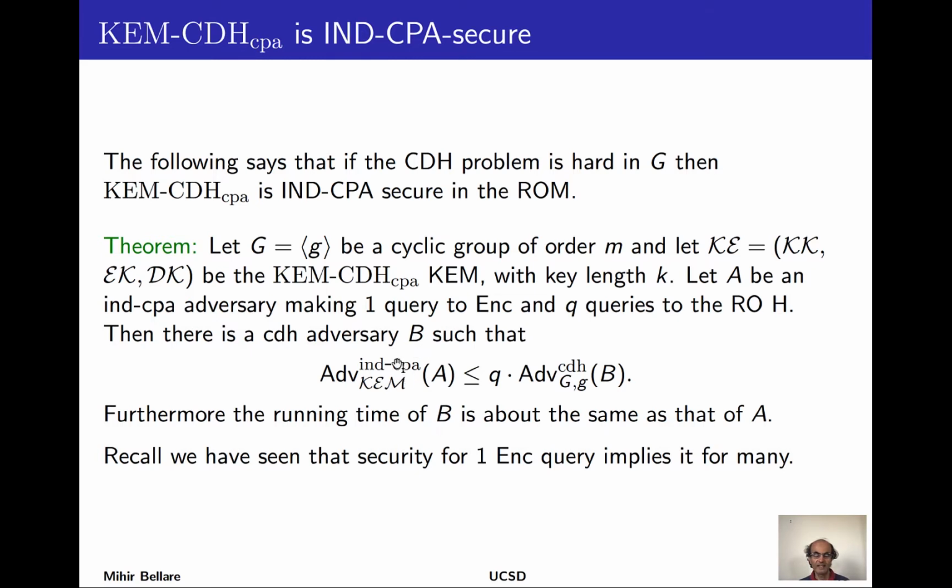If you consider the advantage of our given adversary A in violating IND-CPA security of the KEM, it's at most q times the advantage of B in violating the hardness of the computational Diffie-Hellman problem over the group G and generator g. And as usual, the running time of B is about the same as that of A. So given that we will work in groups where this is very small, this justifies with proof the security of the Chem-CDH-CPA KEM.